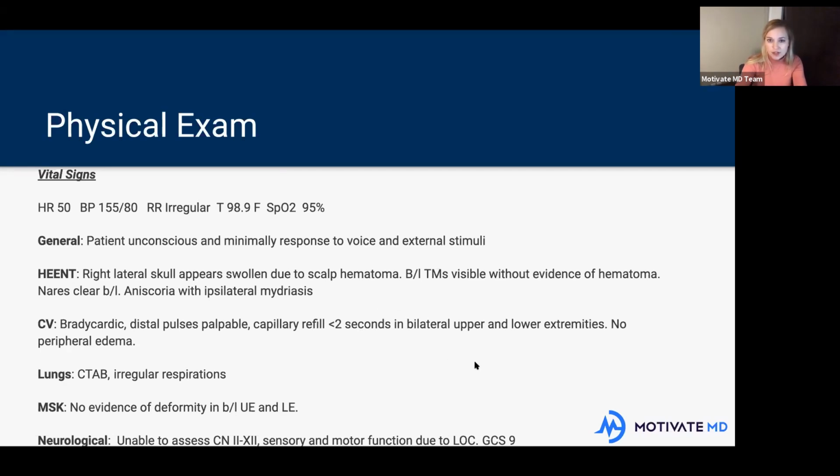Does anybody know what GCS stands for? Nice, Sweetha nailed it. Glasgow Coma Scale, exactly. What do we use the Glasgow Coma Scale for? Any guesses?